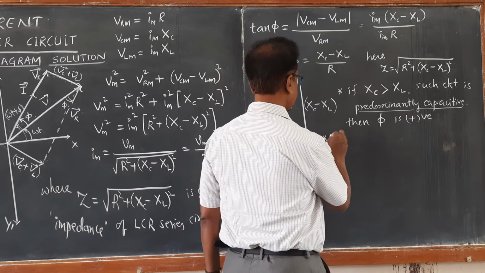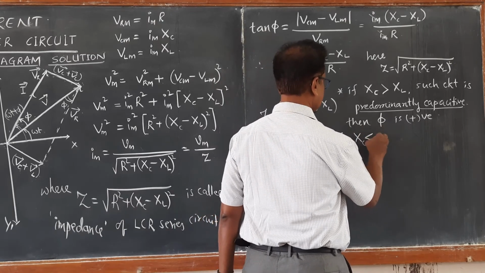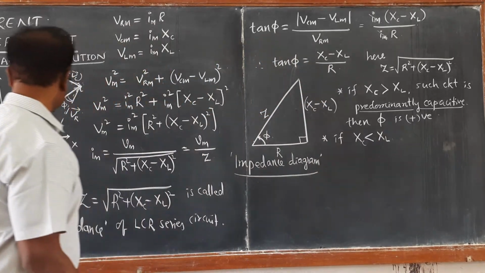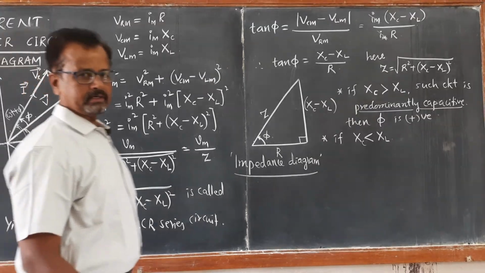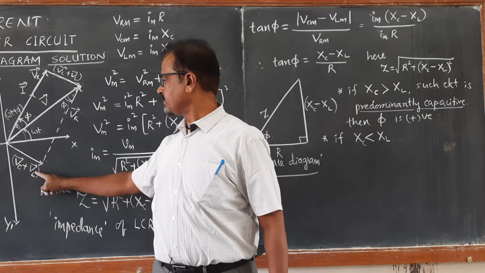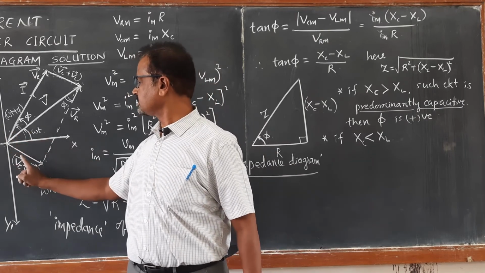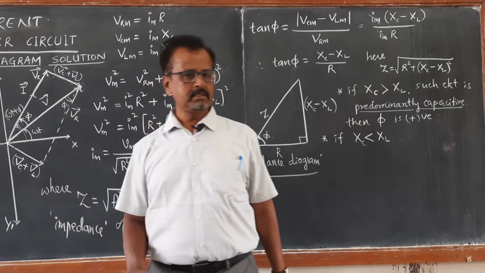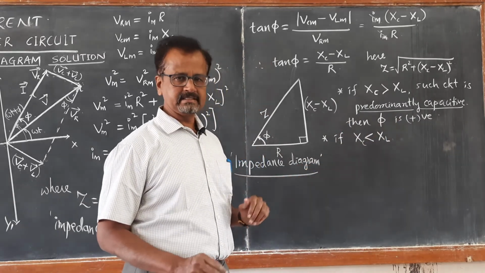On the other hand, if XC is less than XL, you can see the VC vector plus VL vector, which we have drawn in this case, will be in the second quadrant, because that will be VLM minus VCM. In that case, the phase phi is negative.